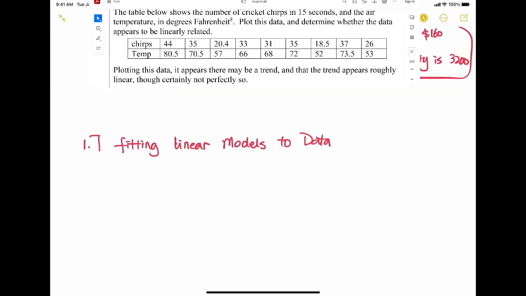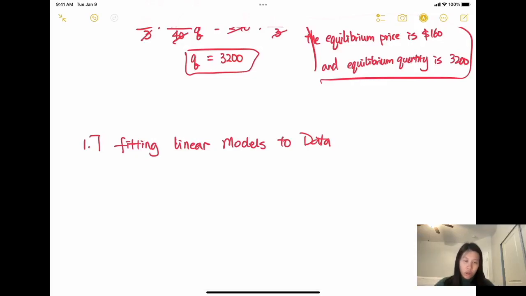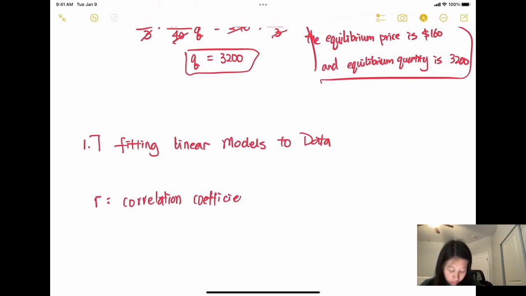Let me show you the screen. The R value is called the correlation coefficient. It is a measure of how closely the line fits the data. R has to be between 1 and -1.